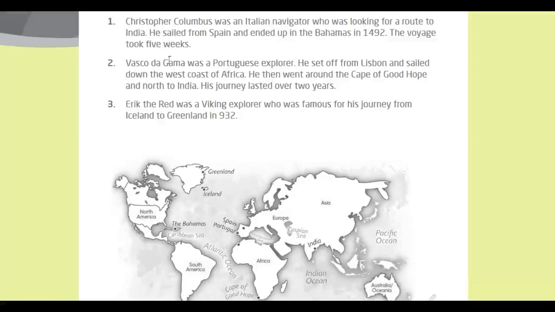Christopher Columbus was an Italian navigator who was looking for a route to India. He sailed from Spain and ended up in the Bahamas in 1492. The voyage took 5 weeks. Let's check the map.